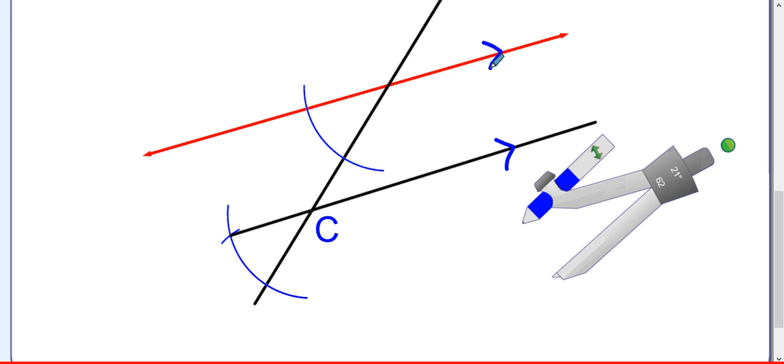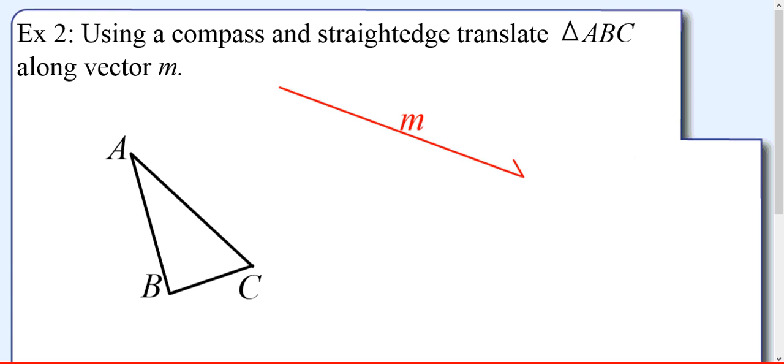Back in Unit 1, we learned that translations move each point the same distance along parallel lines. They move in the same vector, so it has the same distance and direction, the same magnitude and direction.